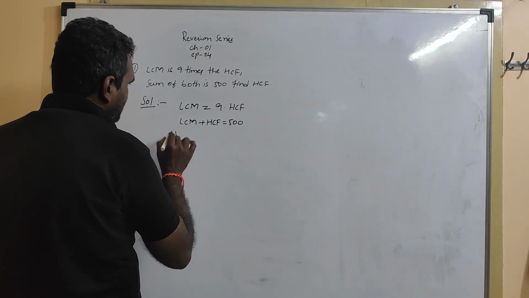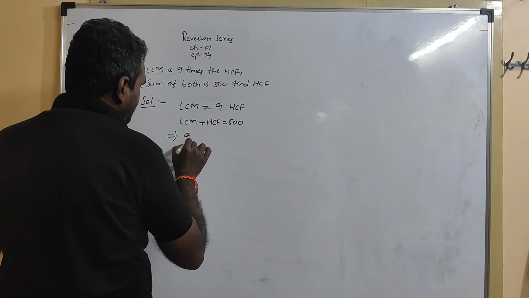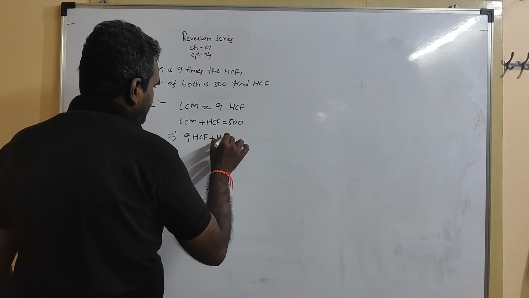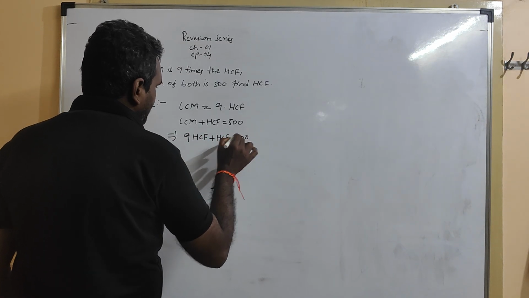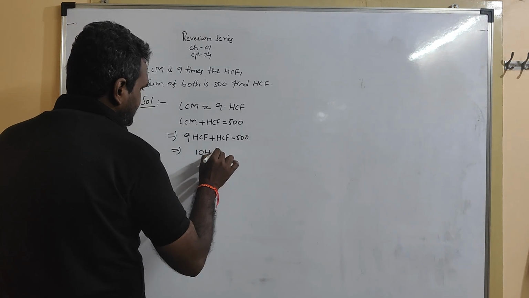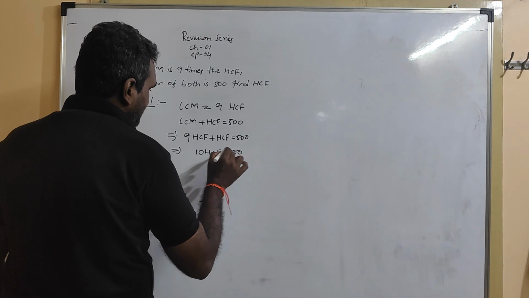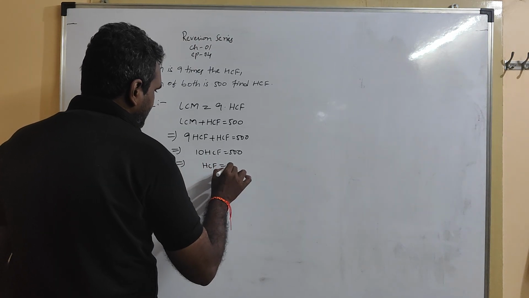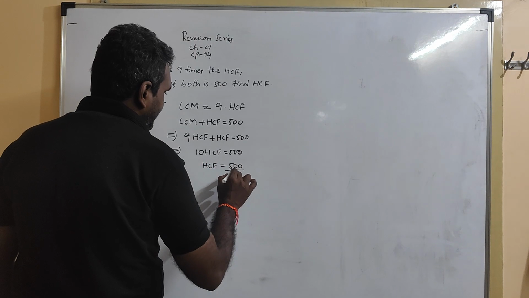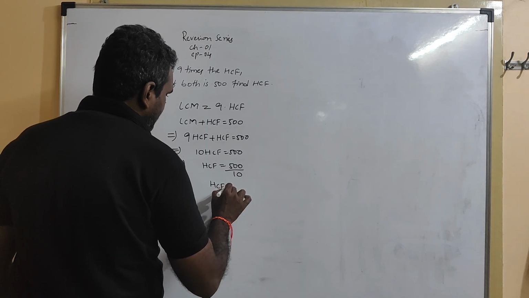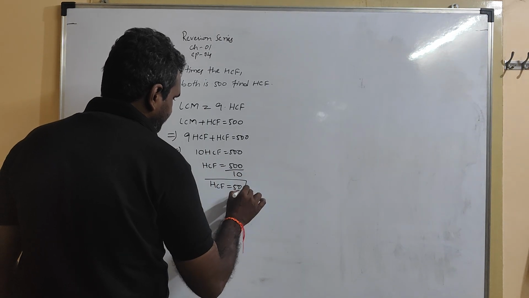This implies replace LCM with 9 HCF. 9 HCF plus HCF is equal to 500. This implies 10 HCF is equal to 500. This implies HCF is equal to 500 by 10. So HCF is equal to 50.